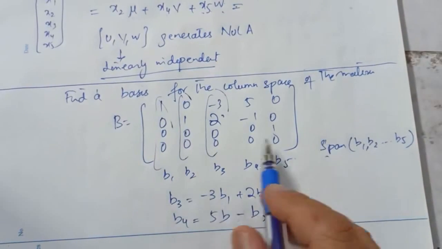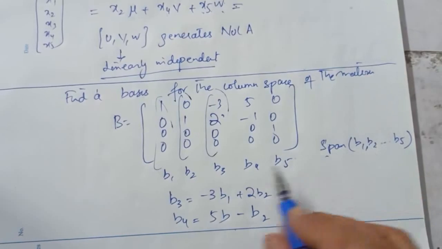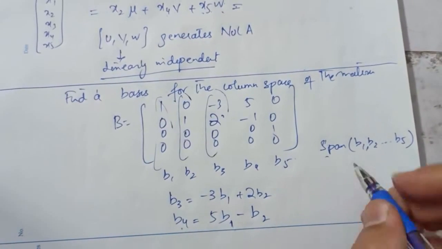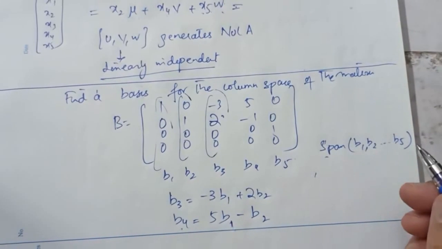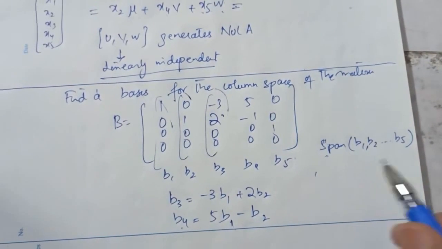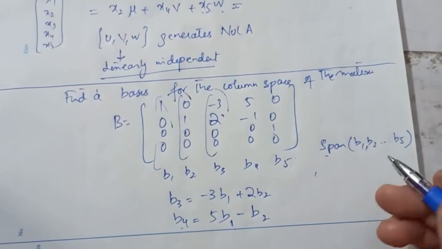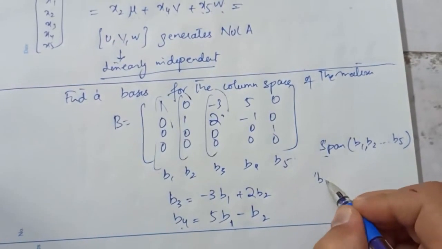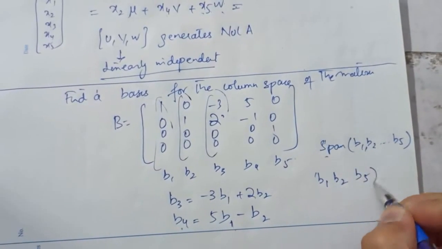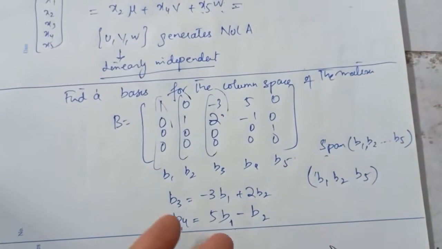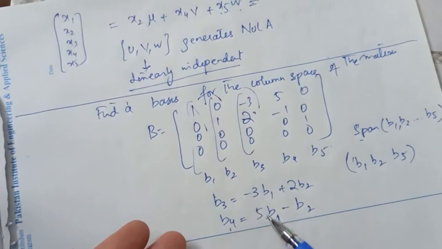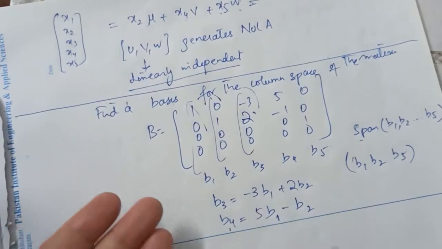Because B3 and B4 can already be written in terms of B1 and B2, the space is actually spanned by only B1, B2 and B5, since any combination of B1 and B2 covers B3 and B4.